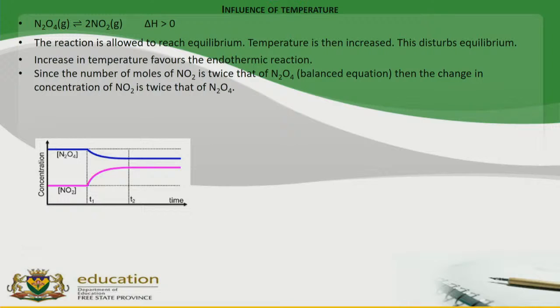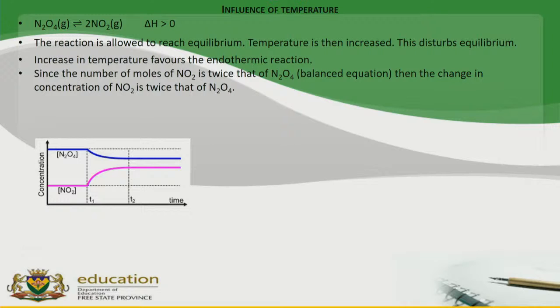Therefore, you will draw that when you increase the temperature, you have favored the endothermic reaction, which is the forward reaction. So by favoring the forward reaction, the concentration of NO2 increases and the concentration of N2O4 decreases, and then a new equilibrium is formed.